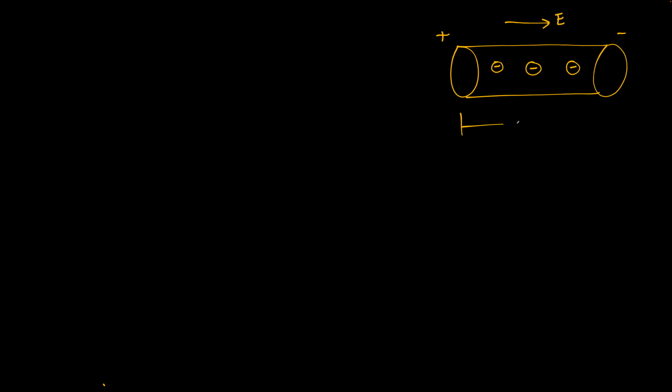If I take the length of the conductor to be L and the area of cross section to be A, these are the two things I'm taking. What is going to be the volume of this conductor?